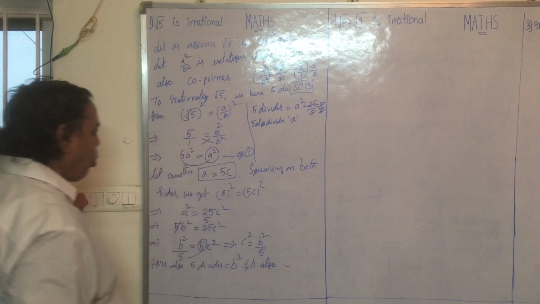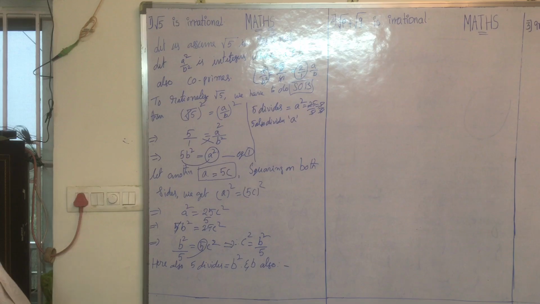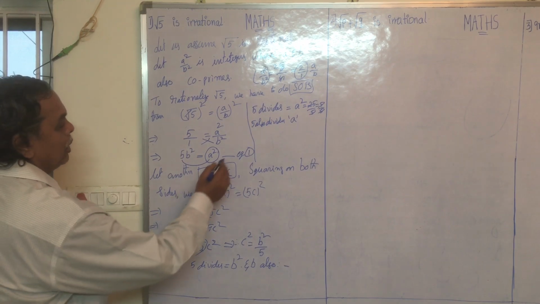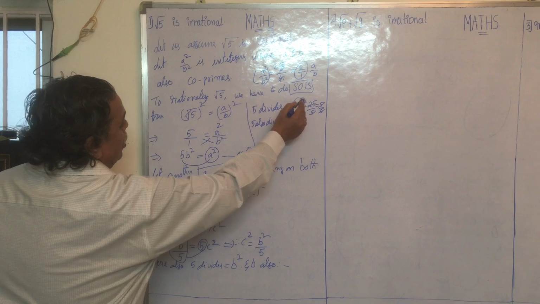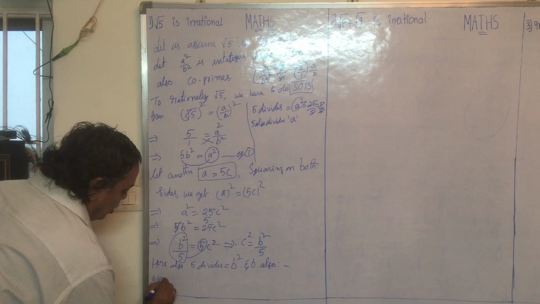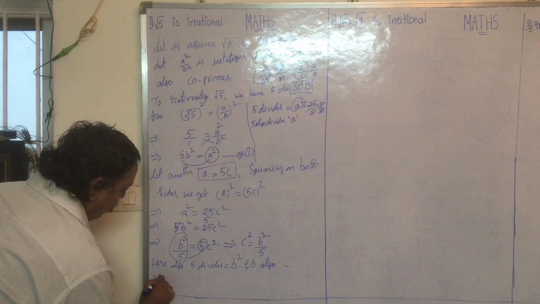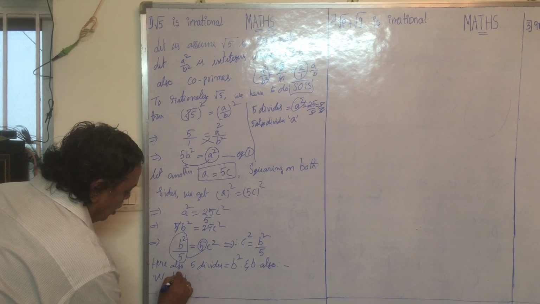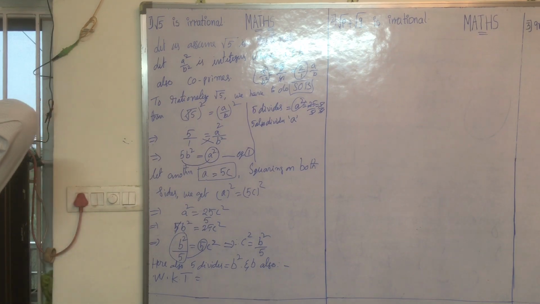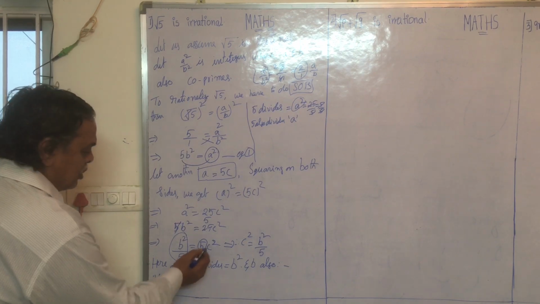Therefore what happens? The number will become an integer. b square is an integer and here a square is also an integer. We know that root 5 is such that 5 can divide b square and b.